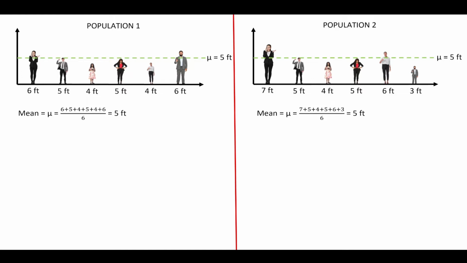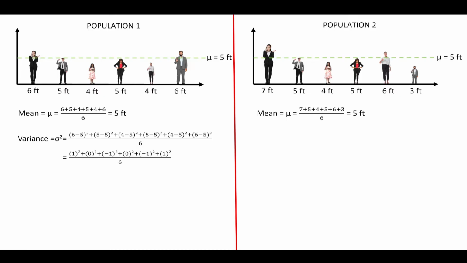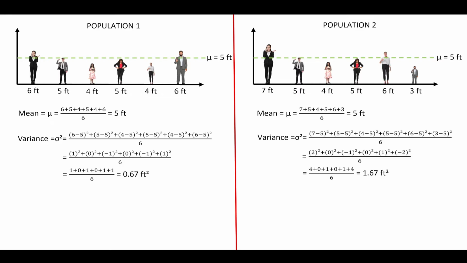Variance is summation of i equals 1 to n, data point minus population mean, the whole square, divided by the population size. So we get a variance of 0.67 feet square for population 1 and 1.67 feet square for population 2. But as you can see, the mean is in feet, whereas the variance is in feet square. So it is not so intuitive.